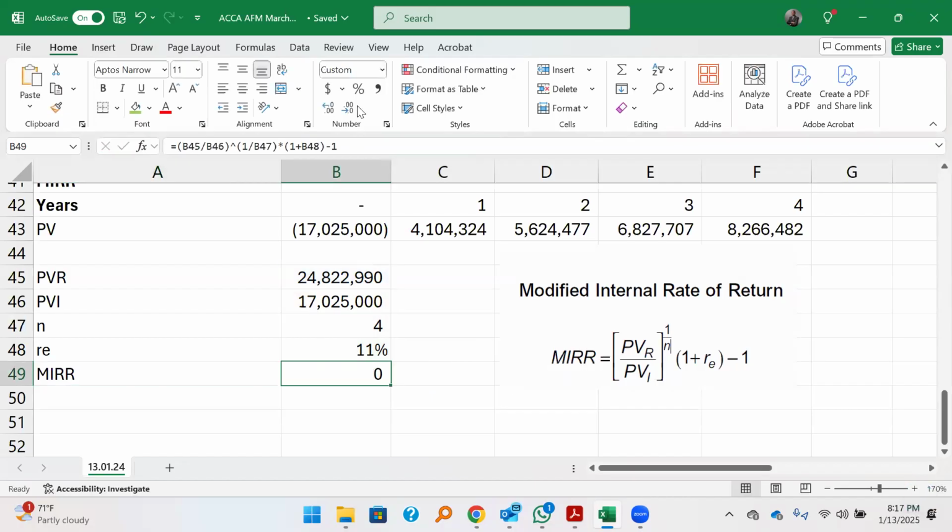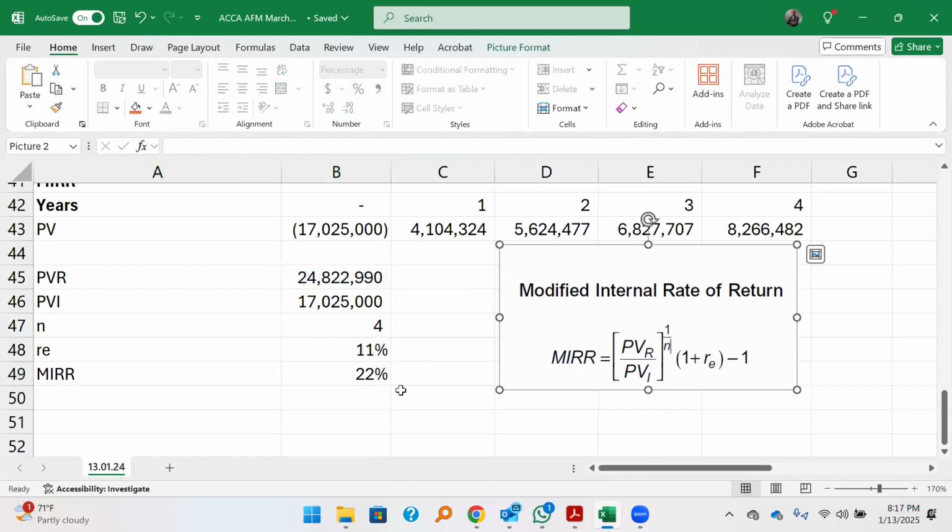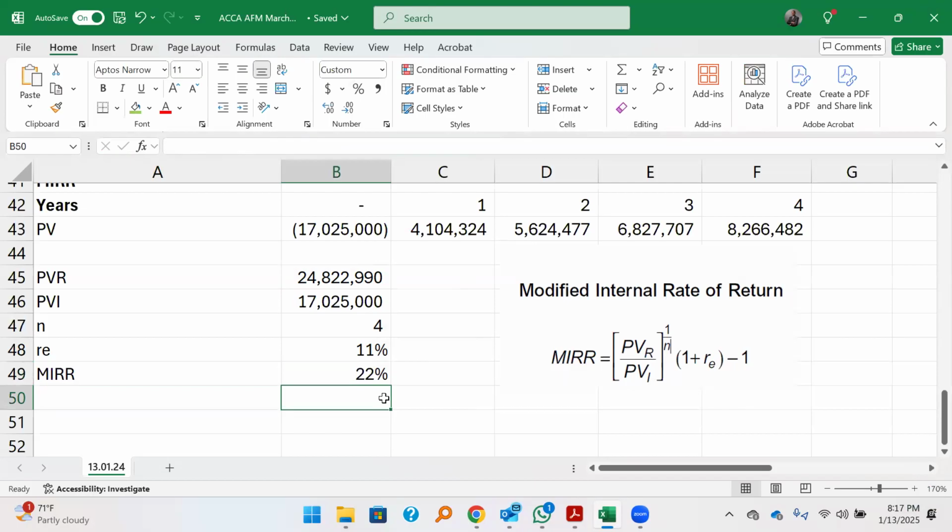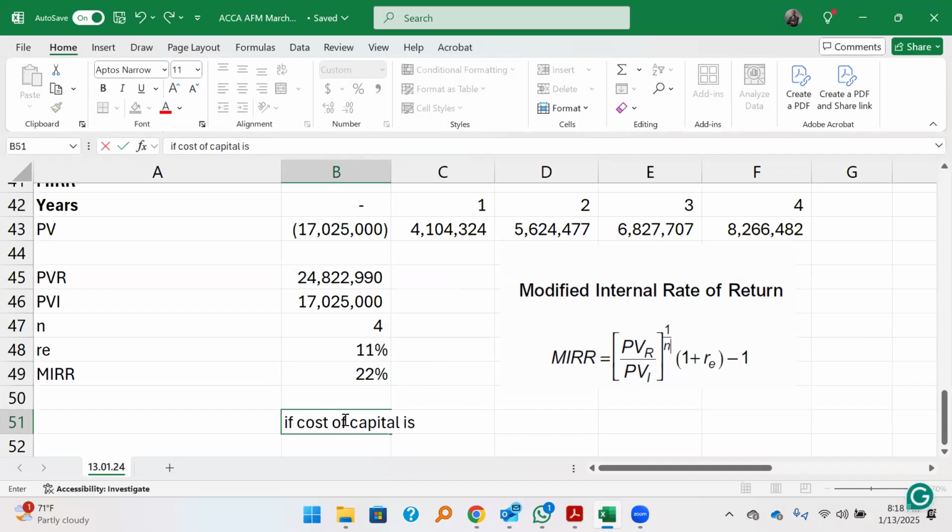And it also gives us a percentage, okay, 22%. And it's the same decision that we make. If the cost of capital is less than this MIRR, we accept the project.